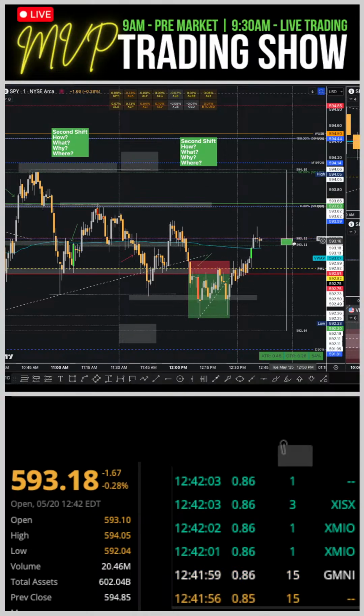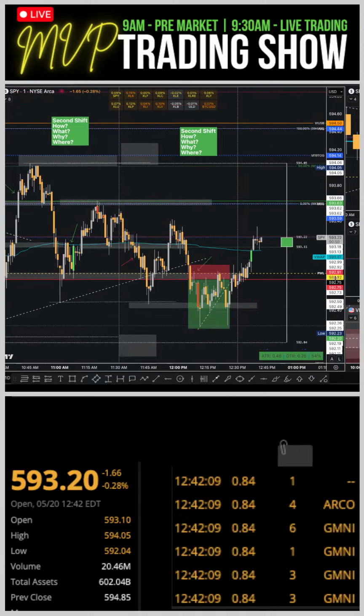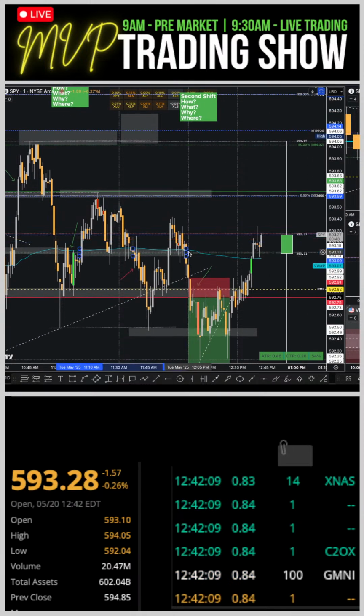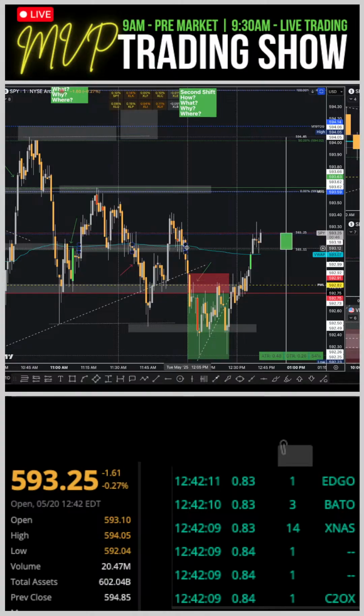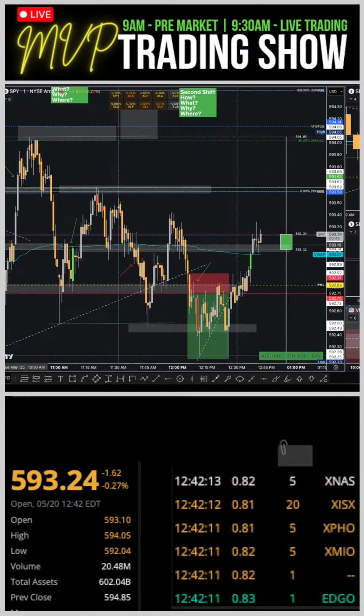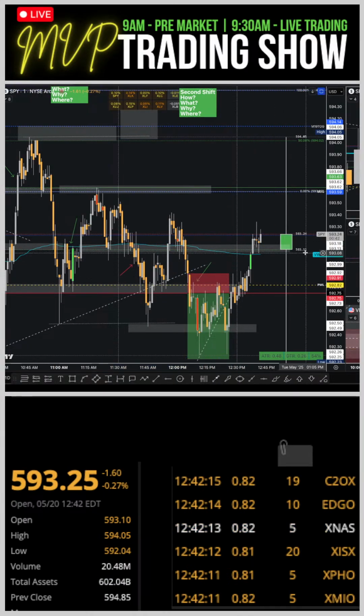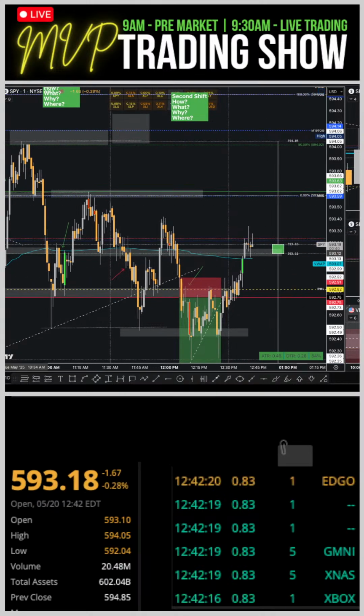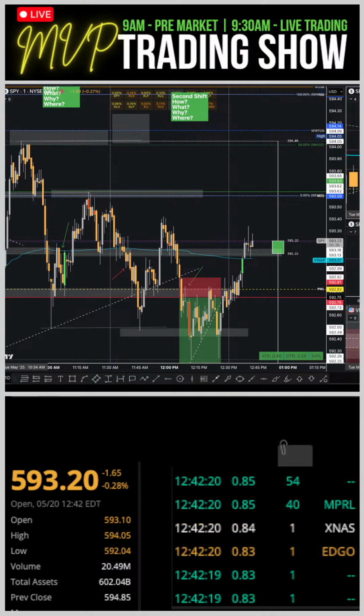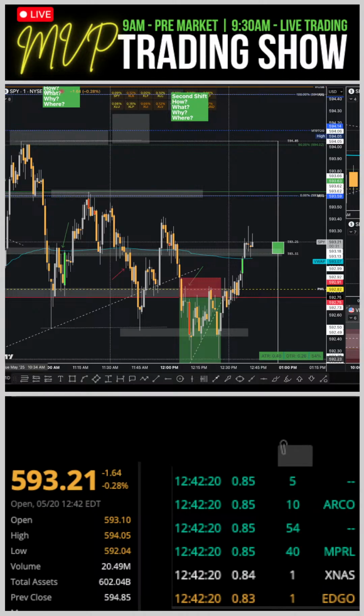So we're above VWAP 1. We're above that daily open. I remember that daily open. Above that daily open, if we can stay above that 593.11, that'll give the bulls some confidence. VIX continues to dump.